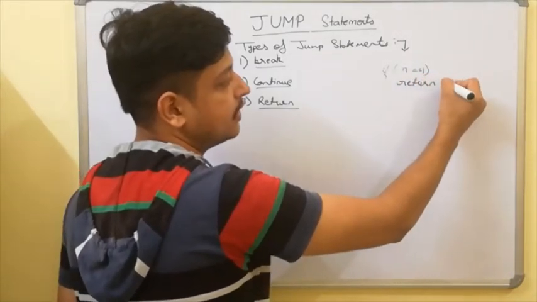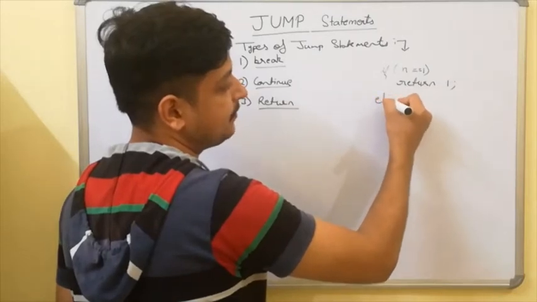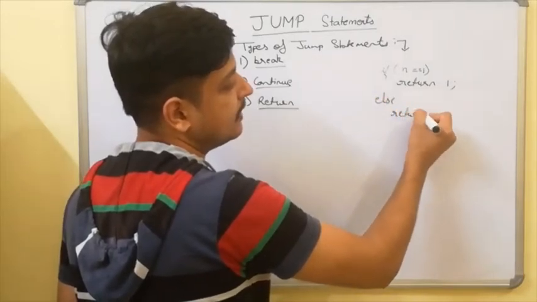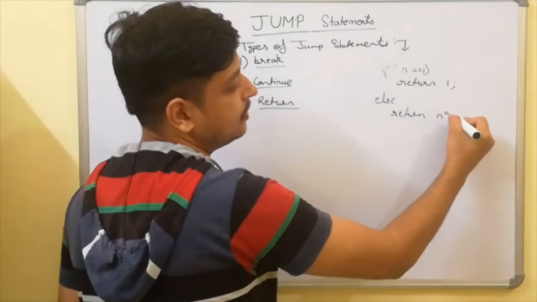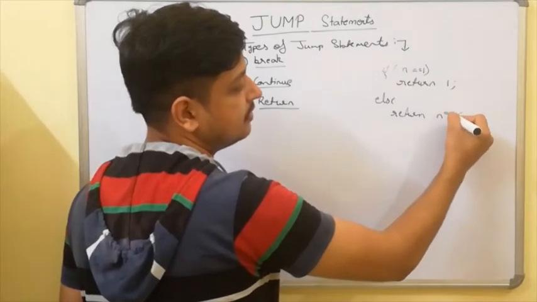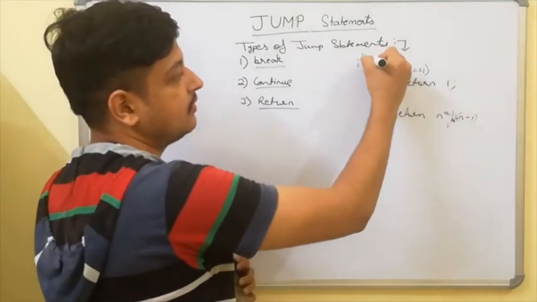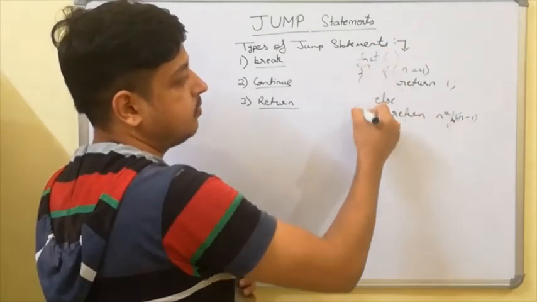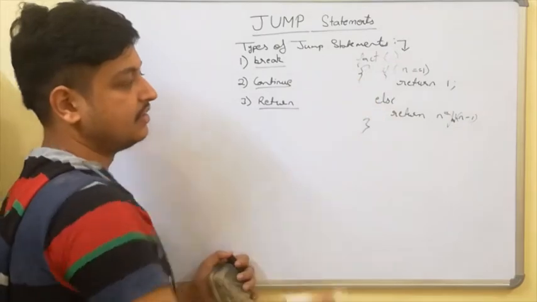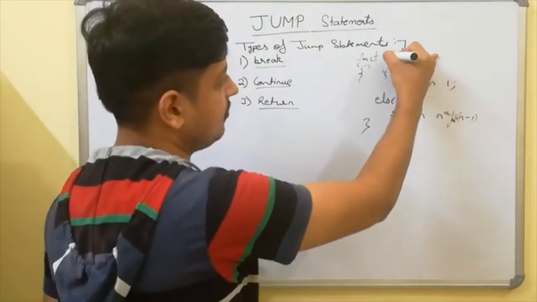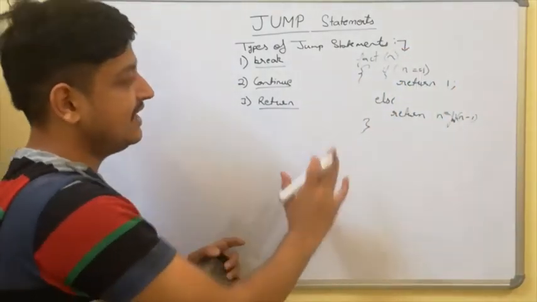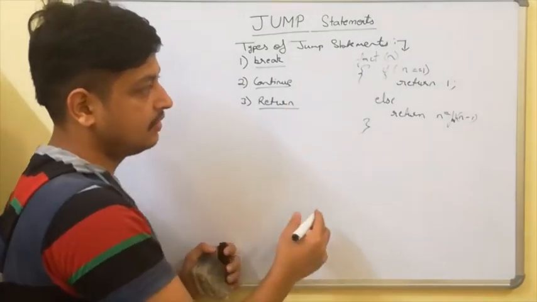We will return 1. Else return n into fact of n minus 1, and this is our fact function. So for this we are going to work, and let's see how this return statement works.